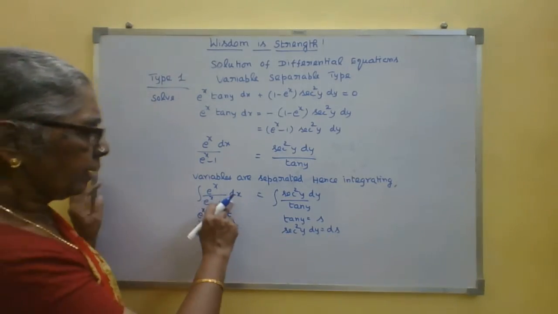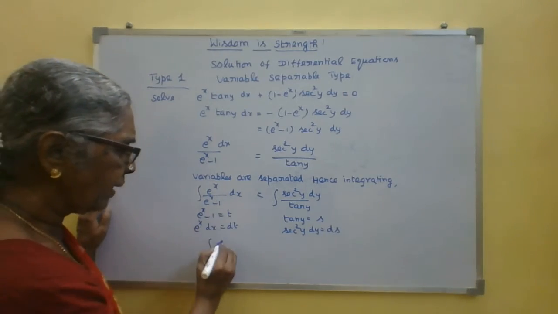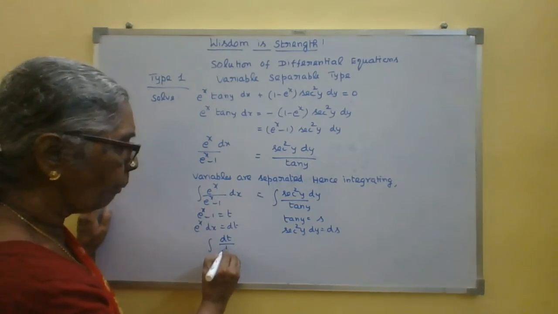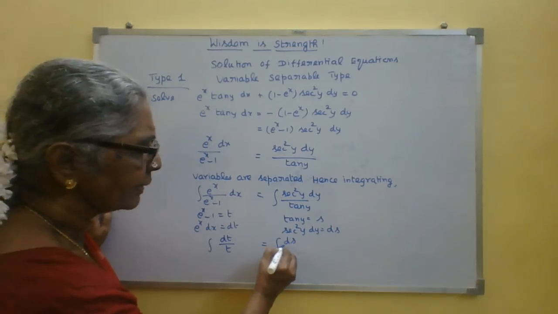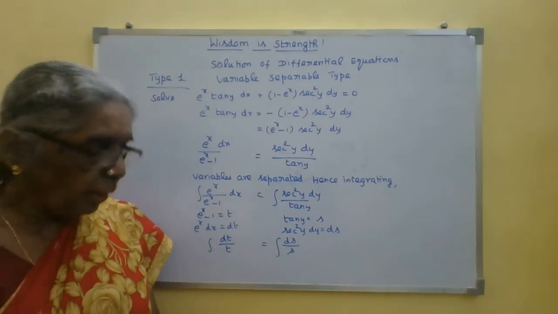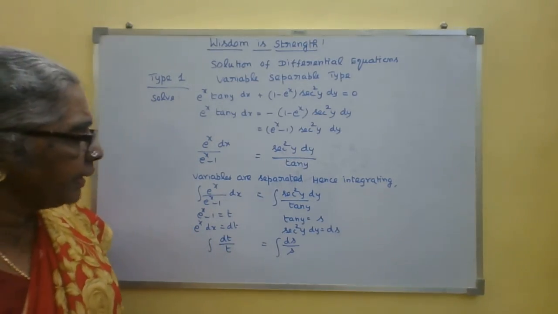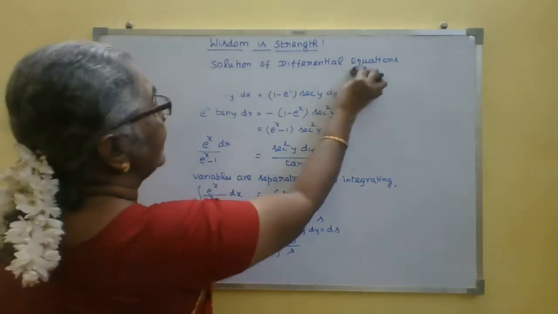So now this side will become integral dt by t, the numerator dt and the denominator t, and here the numerator ds and the denominator s. So you are getting integral dt by t is equal to integral ds by s.